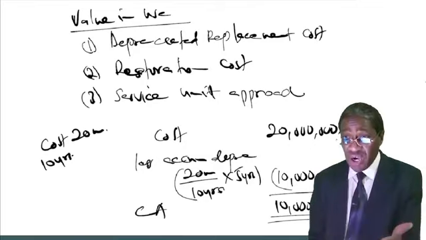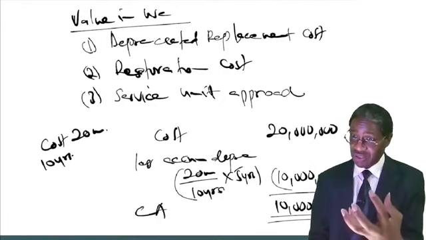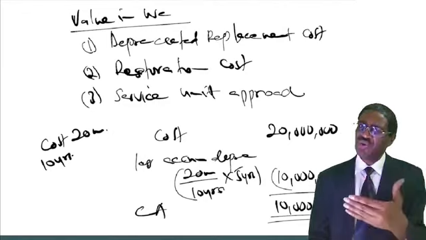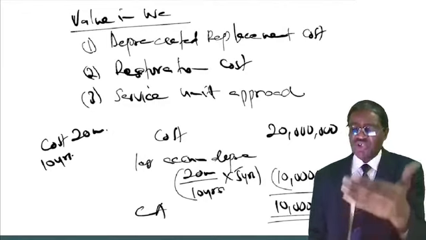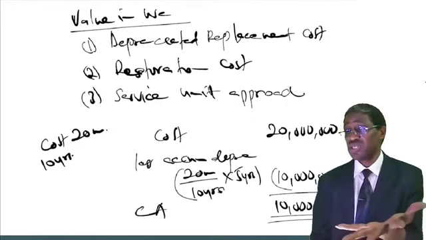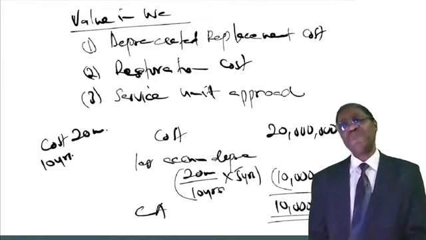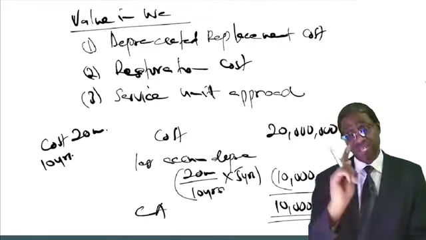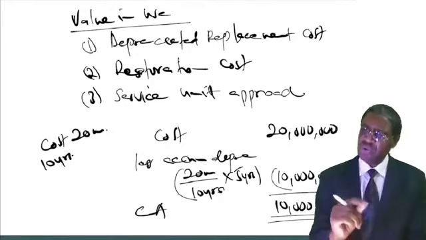Maybe it's a motor vehicle or a building that was damaged, and you need to know what would be the cost of restoring it to a usable condition. What would restoration cost? So we normally use it for those assets that have been damaged.